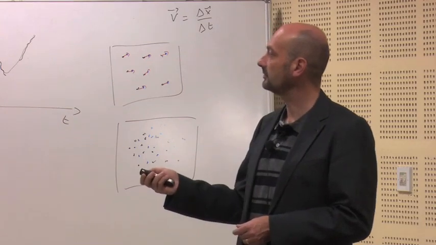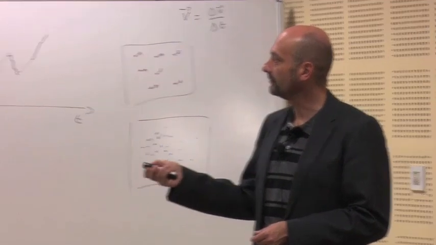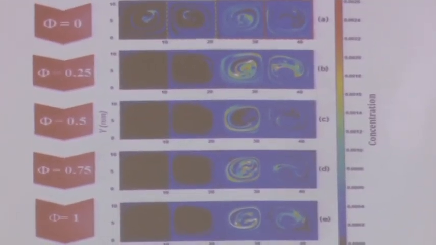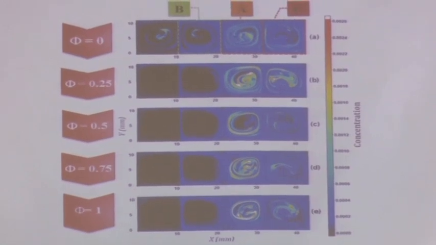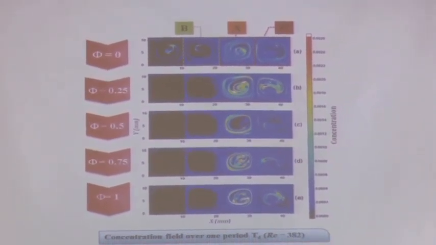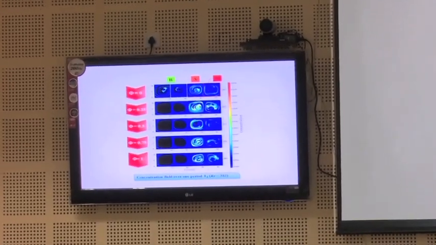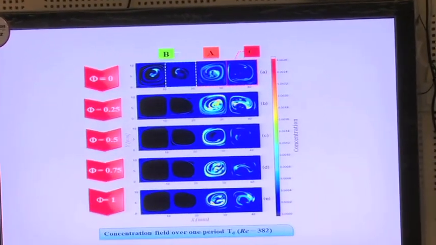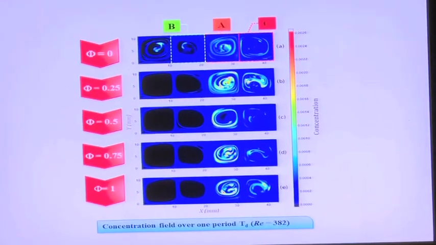And at some point, I don't have the slide, but the next step was to place particles inside. Because when you have particles in the liquid, they are going to collide and generate fluctuations, which will enhance the mixing efficiency. So the last study we did was to look at the mixing, but with particles.